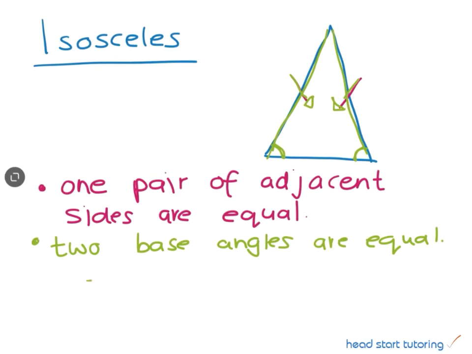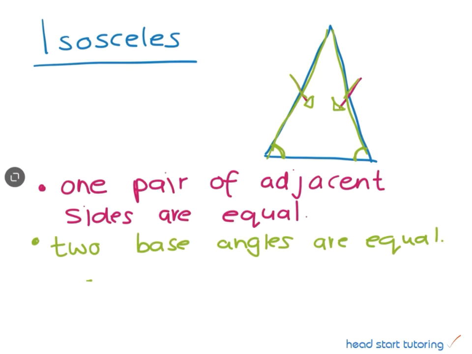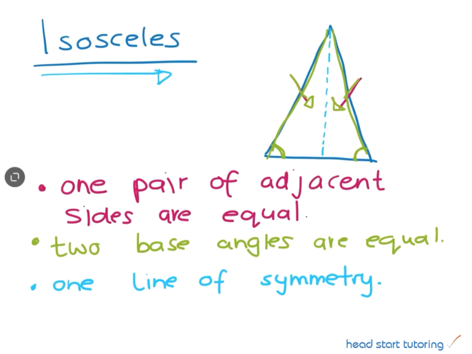Right. Now let's have a look at our lines of symmetry. We have only got one line of symmetry for our isosceles triangle, and that is directly down the middle. So one line of symmetry, and these are the properties of your isosceles triangle.